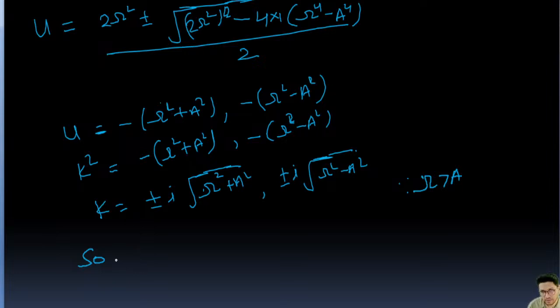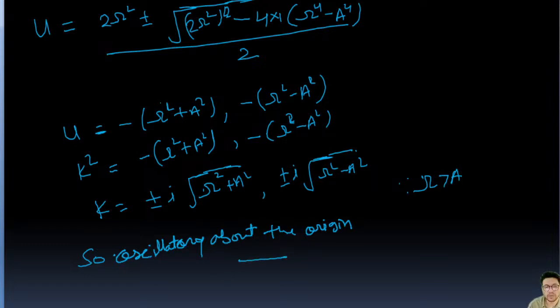This implies the motion of the particle is oscillatory about the orbital. Okay, so these are because of these values, right?